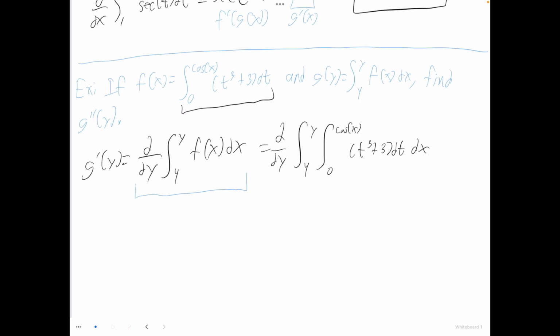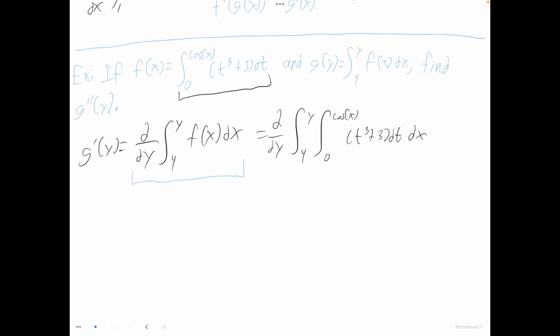Okay, and so notice though that y is both the variable we're taking the derivative with respect to and the upper bound. So by the Fundamental Theorem of Calculus Part 1, g prime of y is just equal to f of y. Okay, and so we've got that g prime is just equal to f of y, which is great.